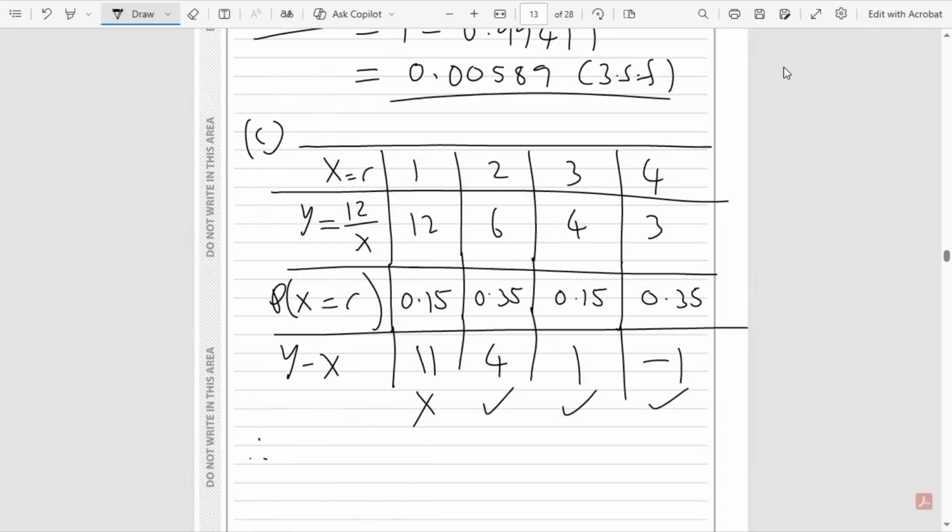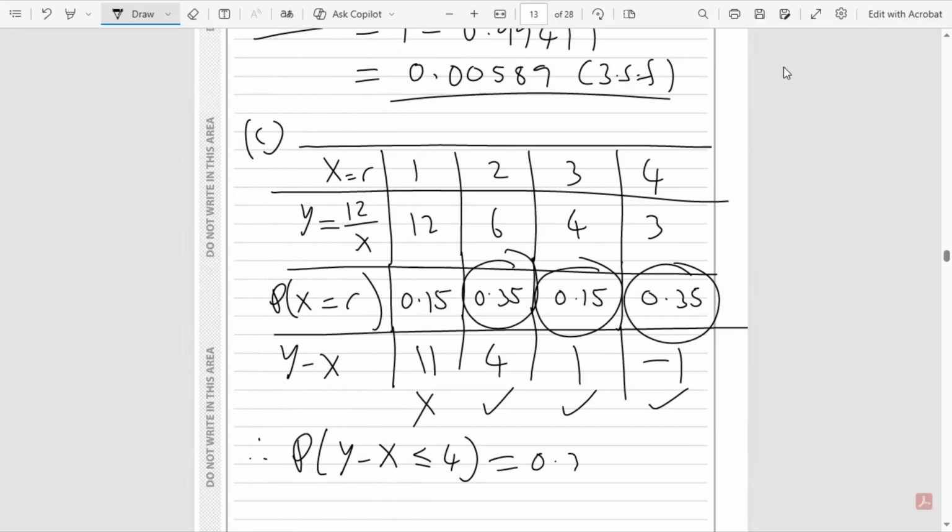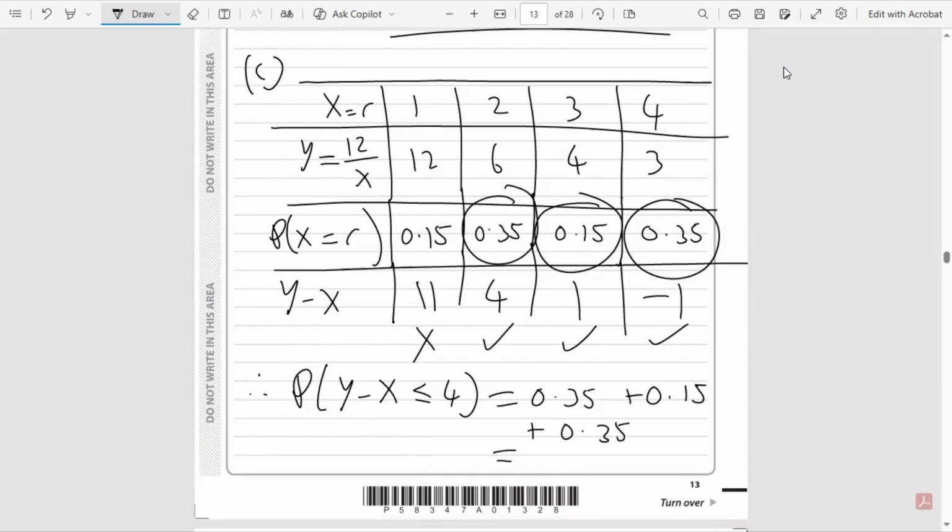So our final answer, the probability that the difference between Y and X is less than or equal to 4, is this probability plus this probability plus this probability. So 0.35 plus 0.15 plus 0.35. This is going to give us 0.85 as a final answer to this question.